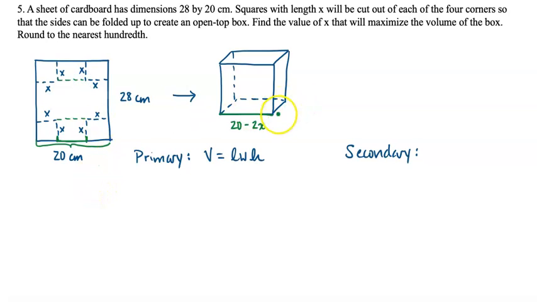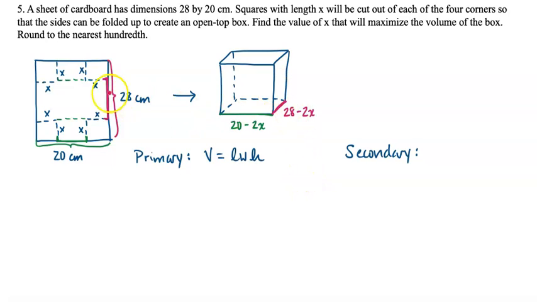Now for this other dimension over here, we're looking at this length. So we're taking 28 centimeters, and again, we're subtracting this length x and this length x. And so this region in here we can say is 28 minus 2x.